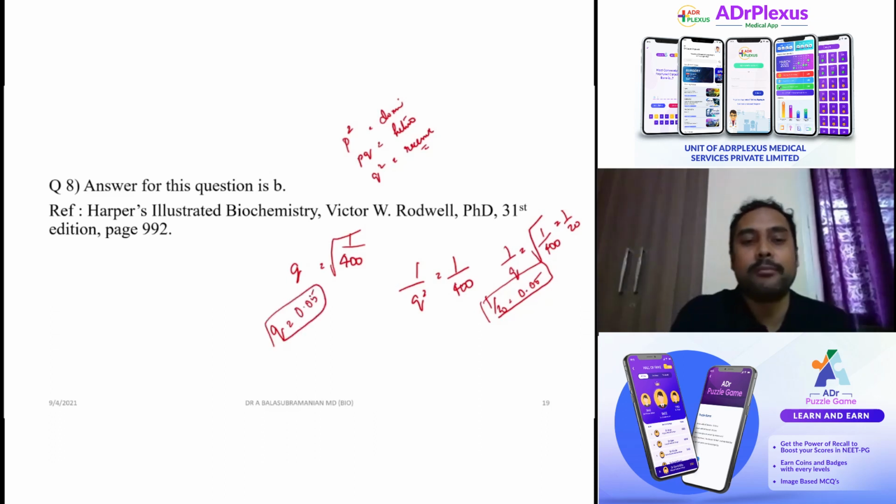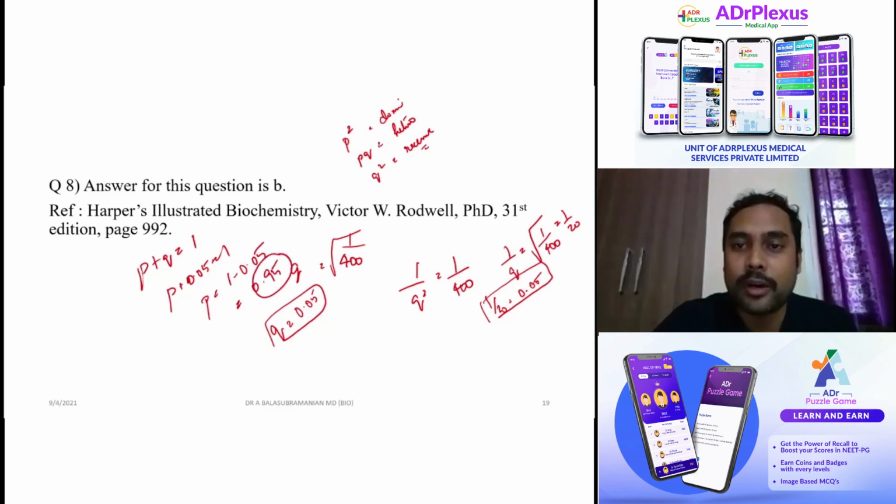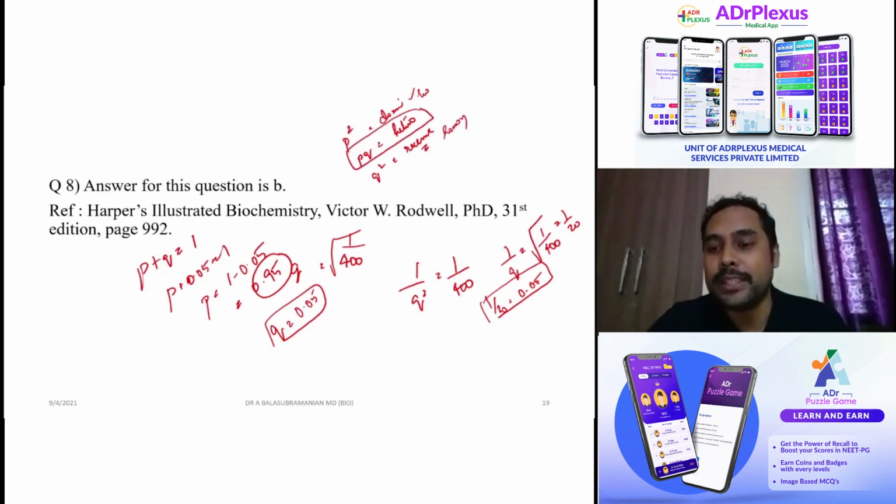Now you all know the formula. P plus Q is equal to 1. So P plus 0.05 is equal to 1. P is equal to 1 minus 0.05, which is 0.95. So P square is dominant, homozygous. Q square is recessive, homozygous. Which is the heterozygous one? PQ and QP.